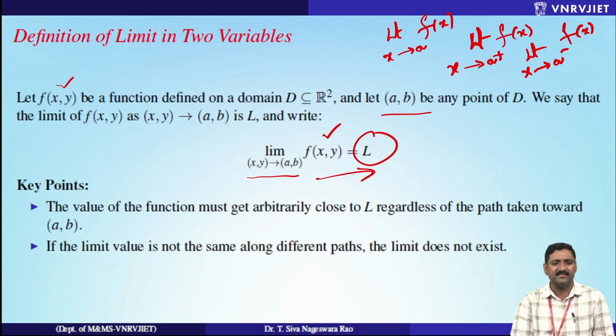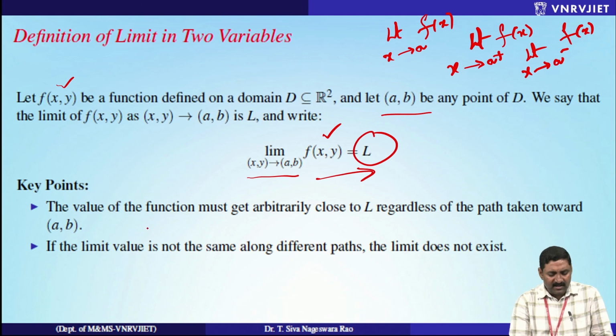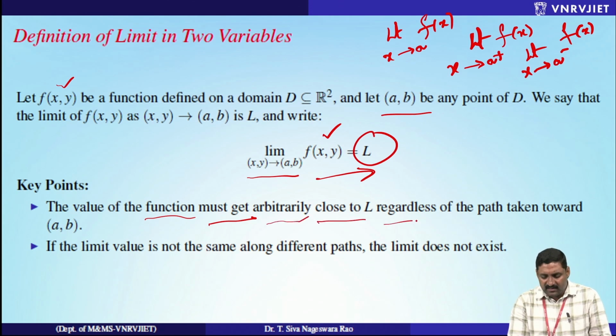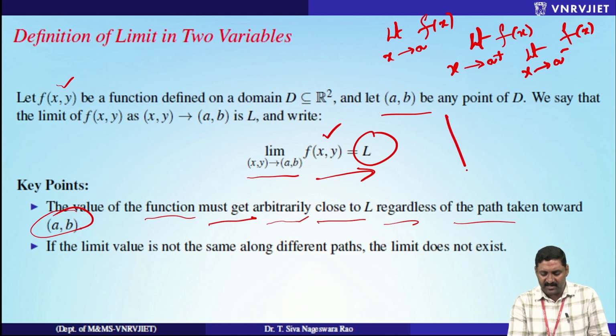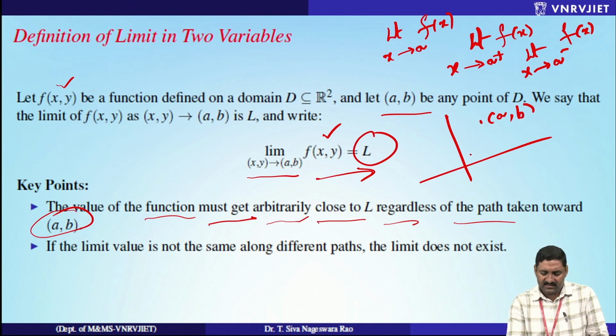Here what are the key points? The value of the function must get arbitrarily close to L regardless of the path taken towards the point a comma b. What does it mean? In the two-dimensional plane, if you are taking the point a comma b, assume that somewhere you are at x comma y.